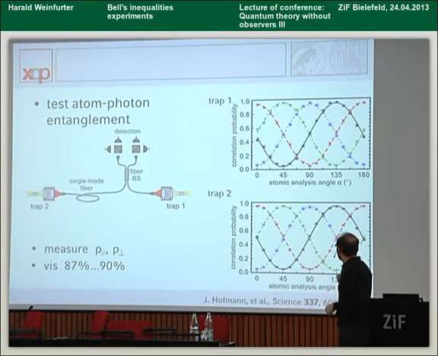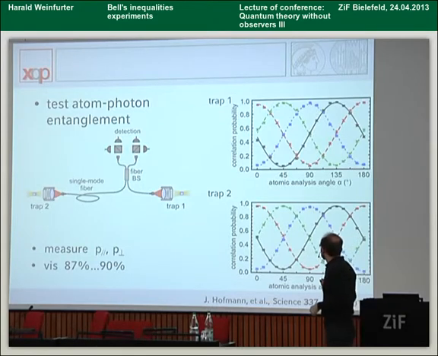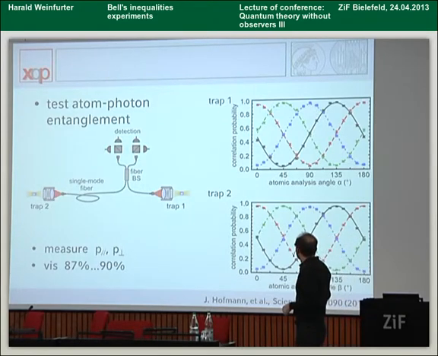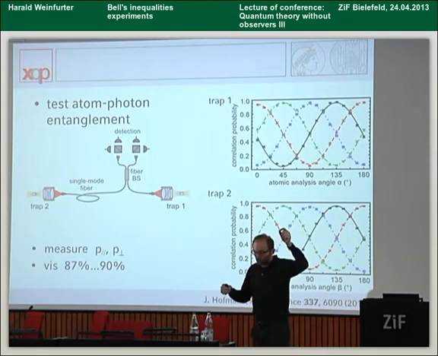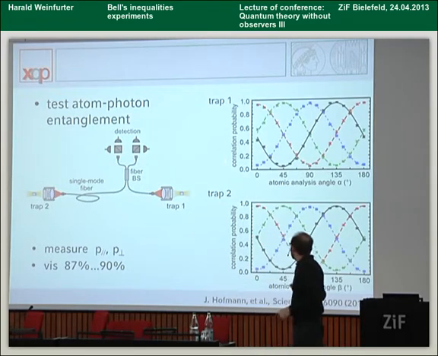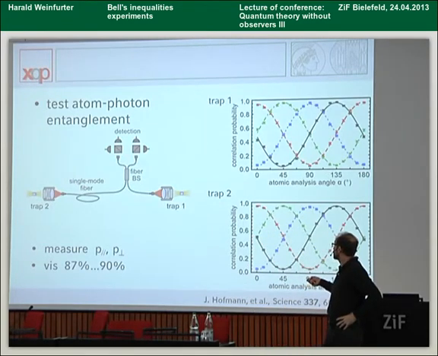The next step is that we still have to check whether our atom-photon entanglement is still good enough. For these measurements, this is always also individually measured. First, we excite the atom in trap 1 and measure the entanglement of the atom relative to the photon that was emitted. For this measurement, these 2 detectors have been aligned at H and V polarization, and the other one at plus and minus 45 degrees.